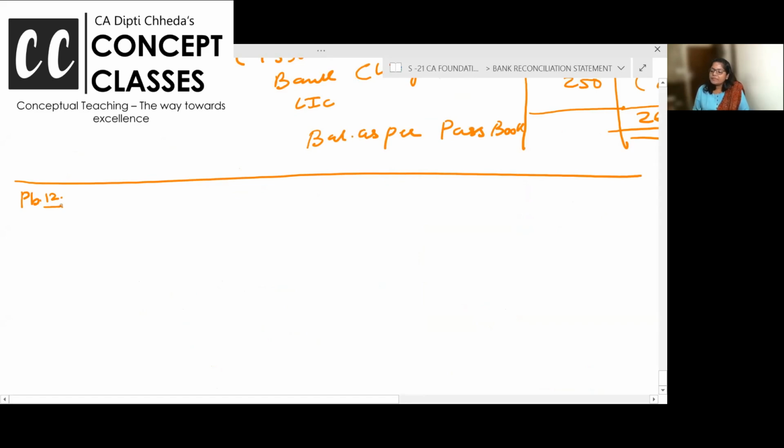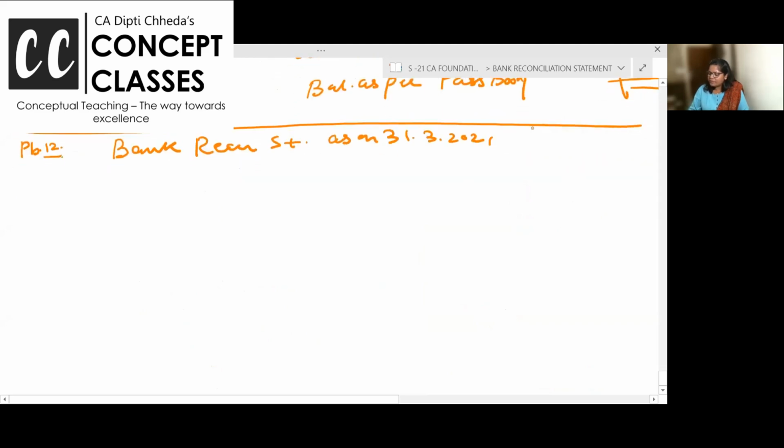चलो शुरू करते हैं. Bank reconciliation statement as on 31st March 2021.